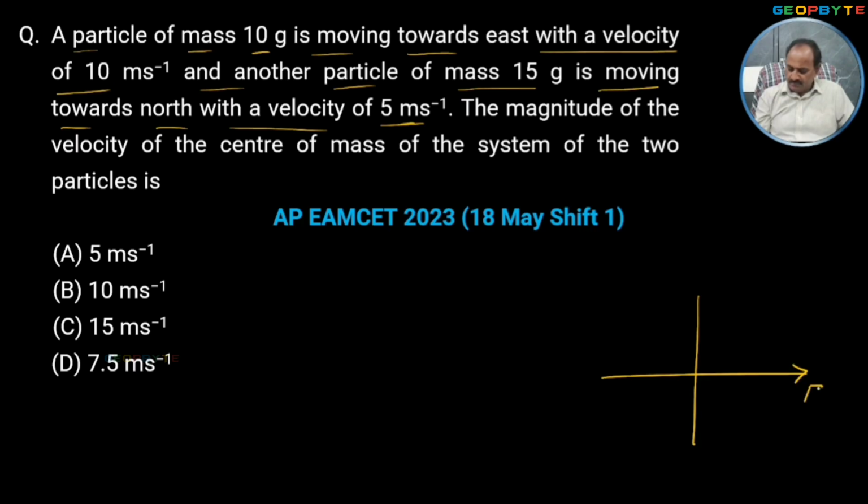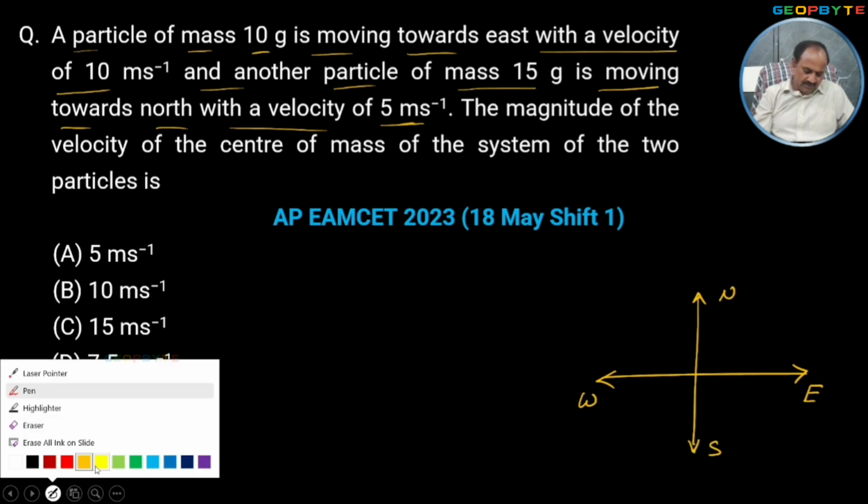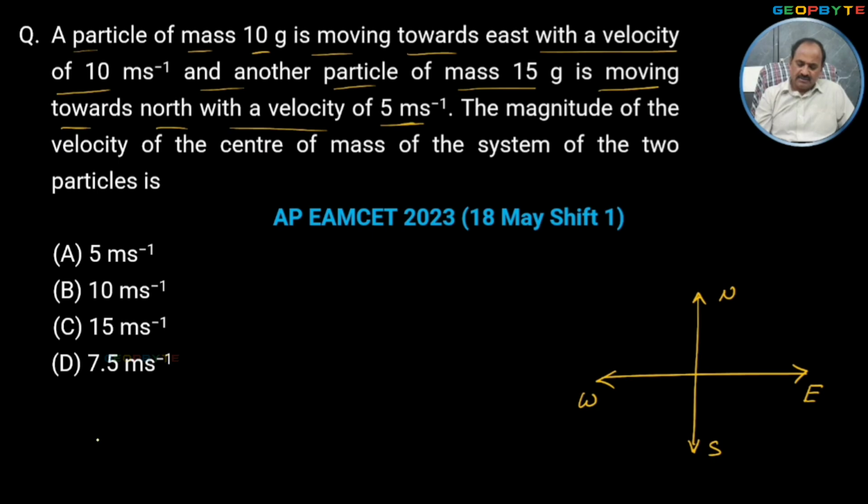This is the east, west, north, south. It is given that one particle is moving towards east with a mass equal to 10 grams with a velocity along east direction of 10 meter per second.